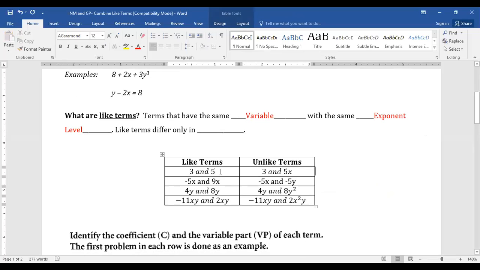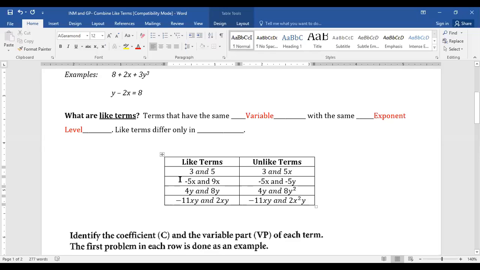3 and 5 are like terms. Those are just integers. Those can be combined. 3 and 5x are not like terms. Those don't go together because 3 is an integer. 5x is 5 times x. That's a separate problem unto itself. Next row, negative 5x and 9x, those are like terms. And now we can combine the coefficients.